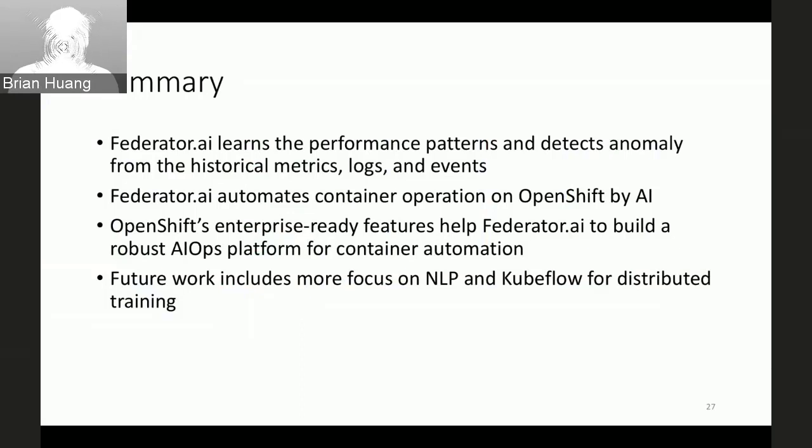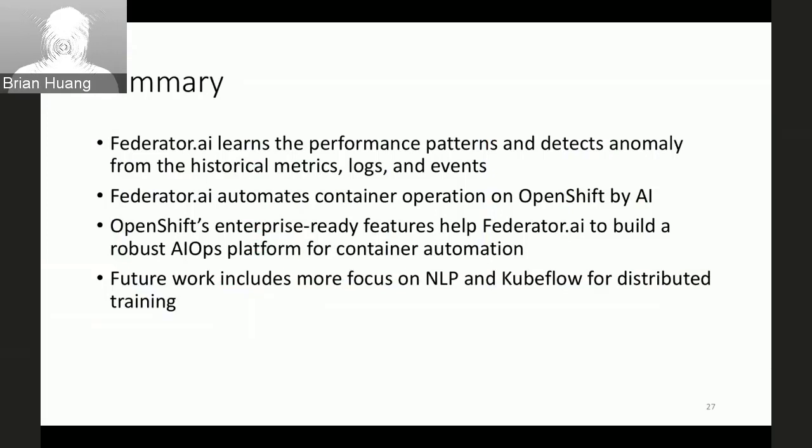And also we are working on FigureDAI on OpenShift, and we expect the enterprise-ready features provided by OpenShift can help FigureDAI deliver an enterprise-ready AIOps platform for enterprises and data centers.